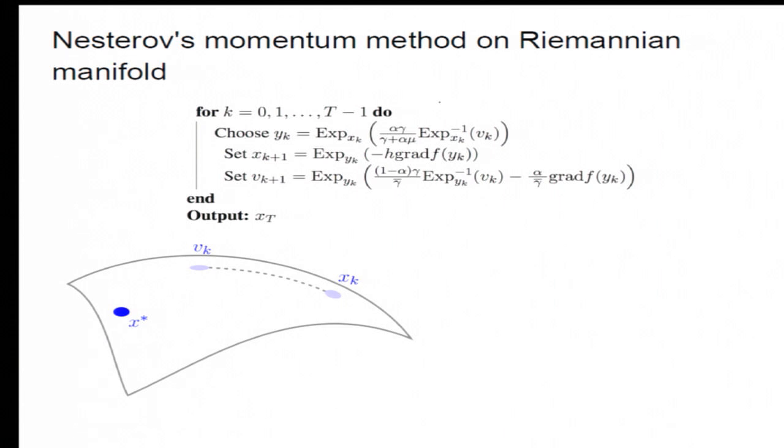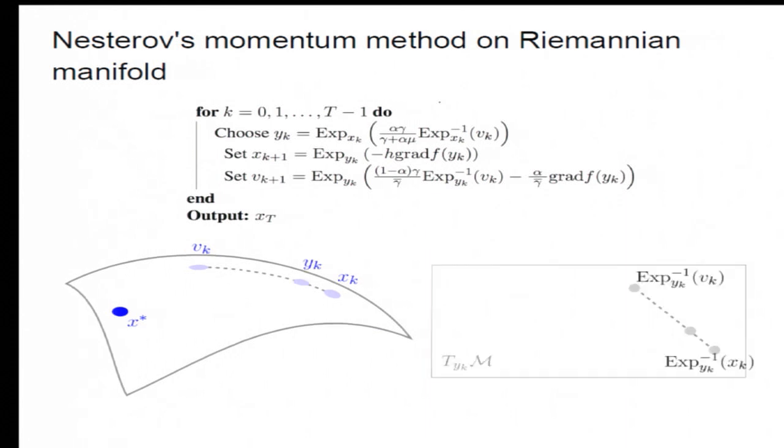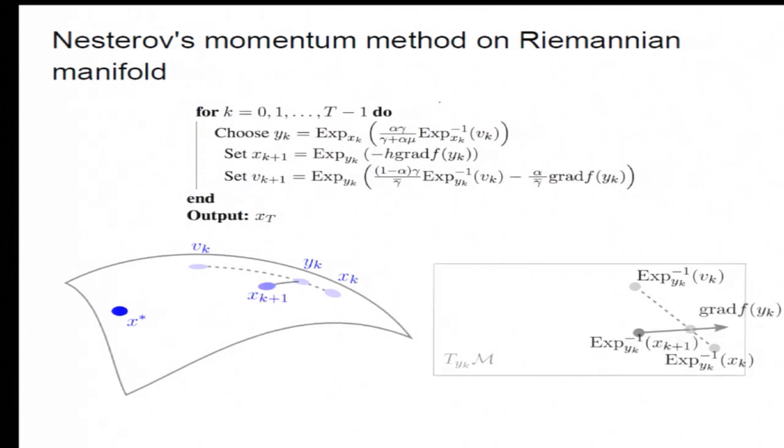So the algorithm works like this. First, we have iterates vk and xk, and we find yk by interpolation. The right figure shows what happens in yk's tangent space. In the next step, we make a gradient descent step from yk to get xk plus 1.